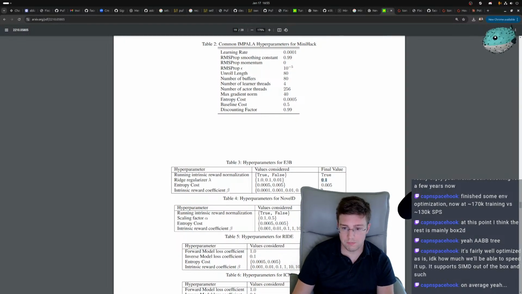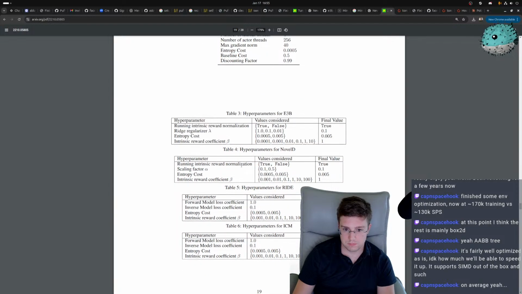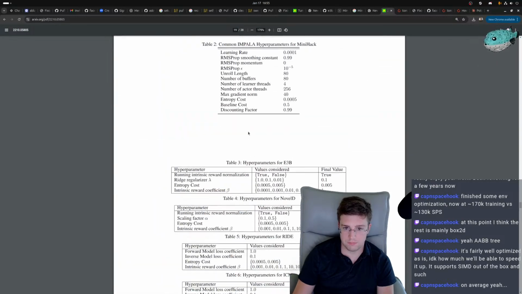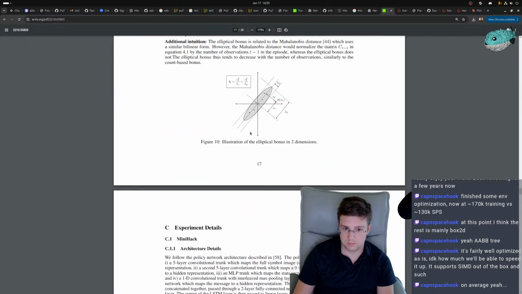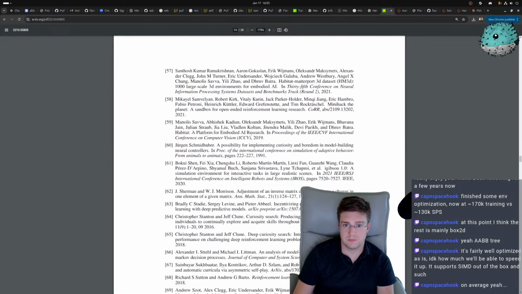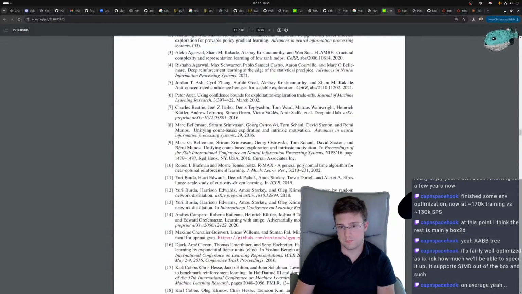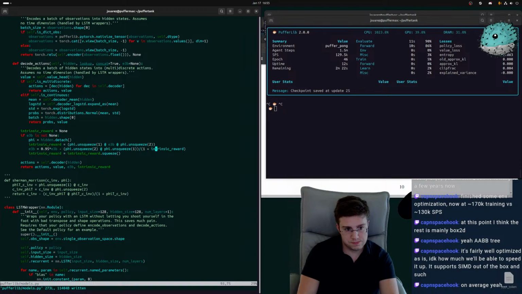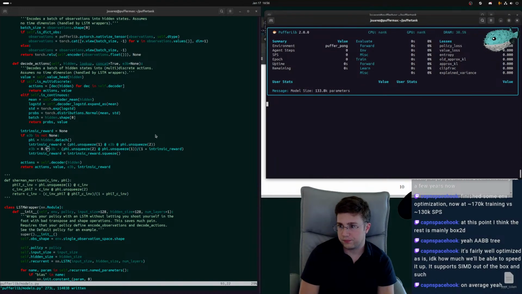They set this to 0.01 and this to 1. I don't know how this even works. Now look at the value. It's just exploded.